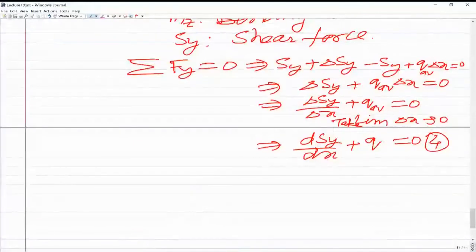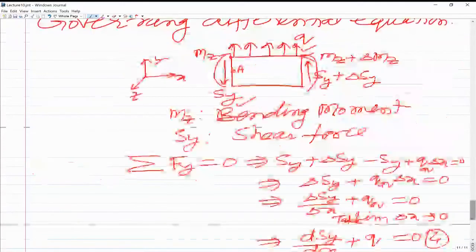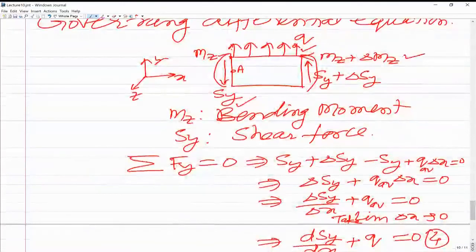So this is one equation, and then the second equation we get from the sum of the moments about the z axis passing through point A equal to 0, taking, say, the moment about the positive z axis as positive. Now as I said, in the free body diagram we are considering, this is already the moment about the positive z axis, this is the moment about the negative z axis.